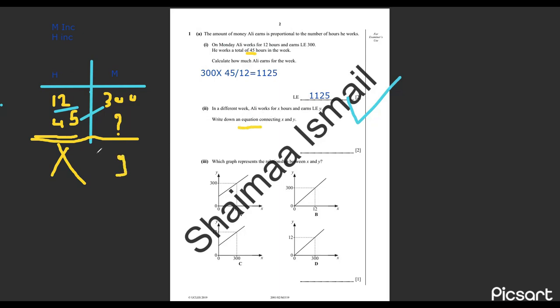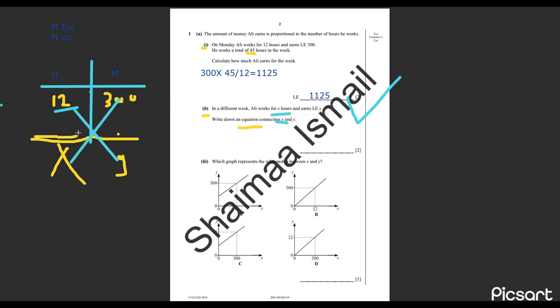Write an equation connecting X and Y. Most of the time, each part depends on the previous part, so this question depends on part I and we have to use the given part. So we do a cross multiplication: 300 multiplied by X, the number of hours, equals 12Y.